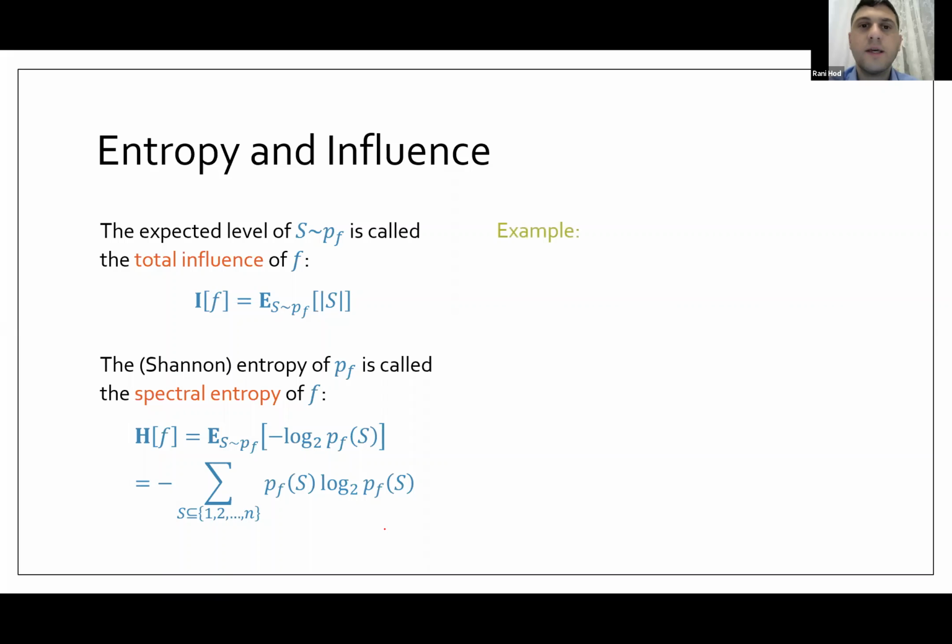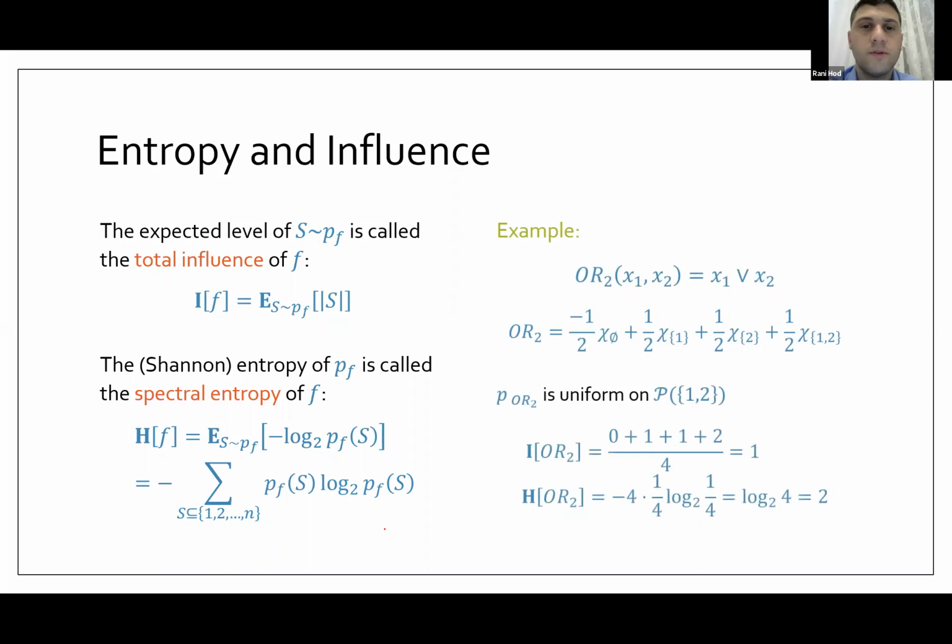Let's take an example. We take the very simple function, the OR function of two variables, and we can present it. We have 2 to the 2, meaning 4, which is the dimension, the number of basis elements, and we look at the coefficients. We have -1/2 and then half, half, half. If we take the squares of these, we get 4 times 1/4. These sum to 1. This is actually the uniform distribution. This is a special case.